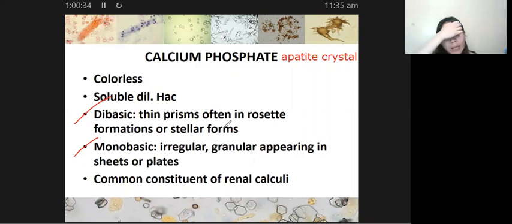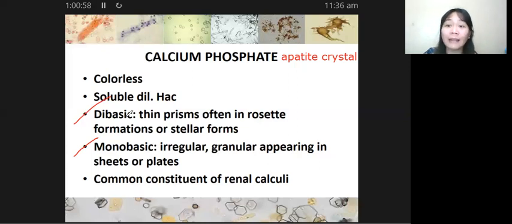For our dibasic, this is more common. Ito na naman tayo sa more common at saka less common or rare. Basta class, tandaan ninyo na pag may dye, lahat ng dye ay more common yan. Parang doon sa ating calcium oxalate, di ba?